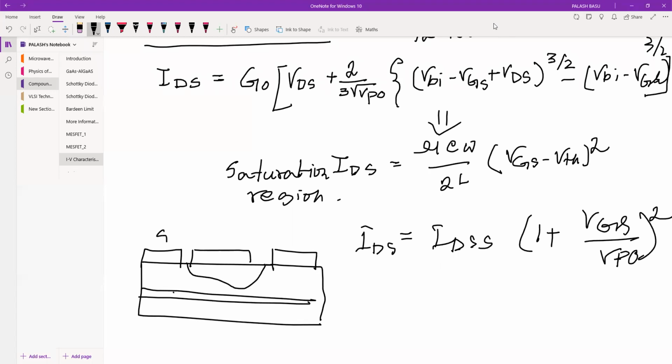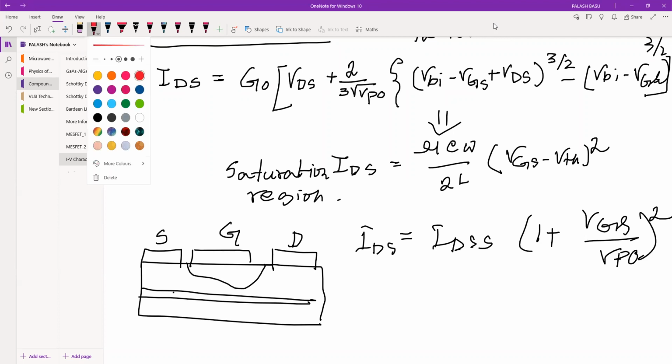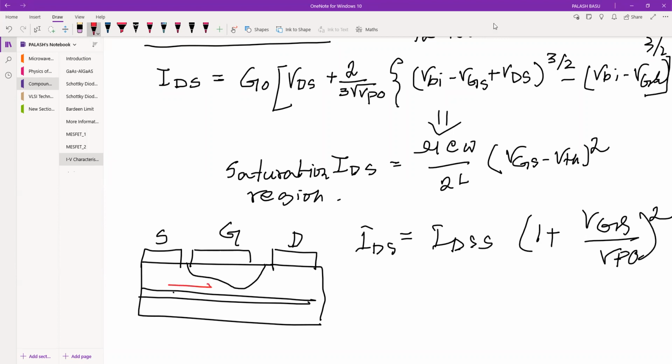This is source, this is drain, and this is void. We took a call that if the electron tries to flow over there, due to this small pinch off condition, you are getting a saturation current.